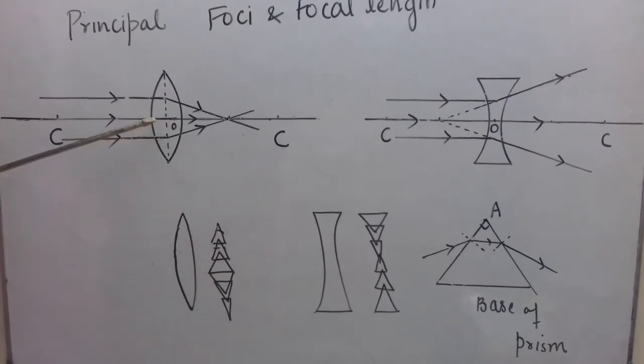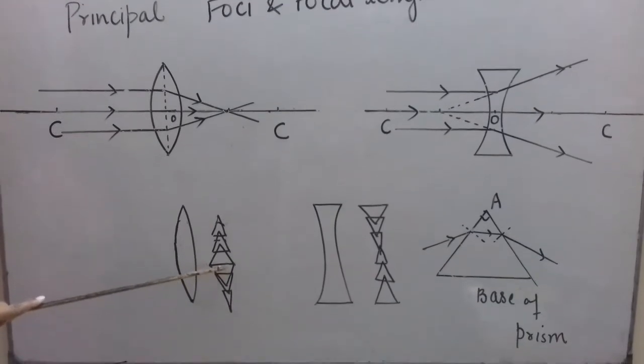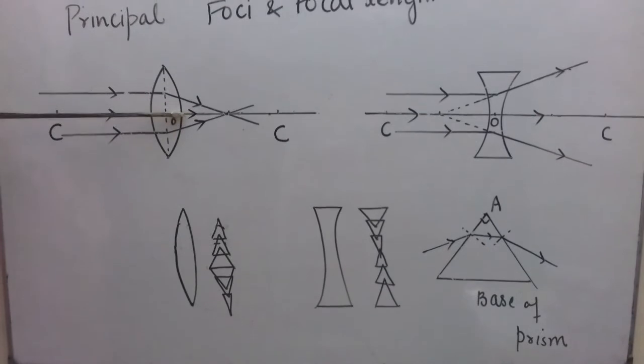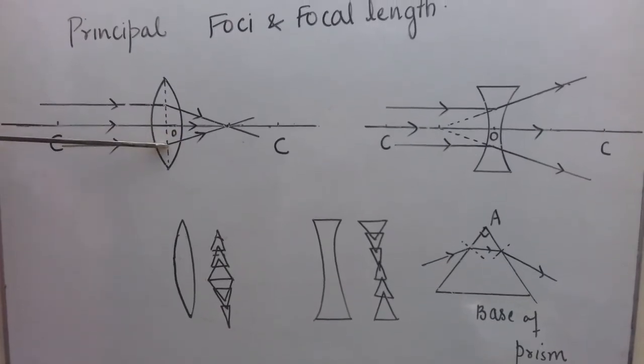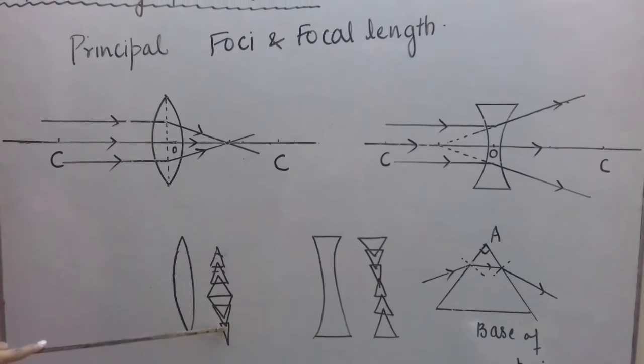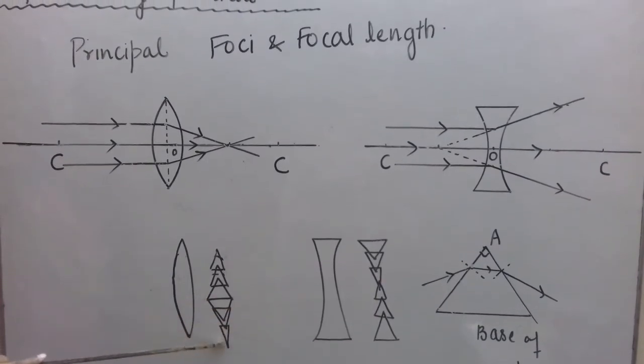And below the principal axis, we can consider the prism placed in an inverted manner with again base lying on the principal axis and angle of prism lying on the other side, and so we can consider similar prisms with smaller bases placed in the same manner below it.